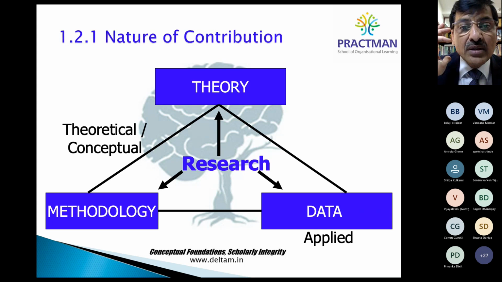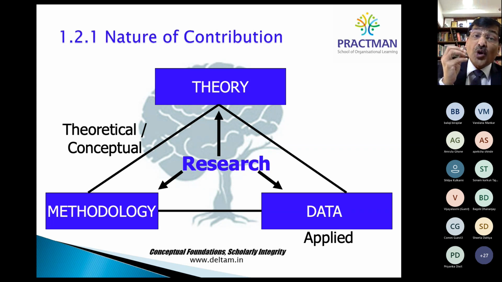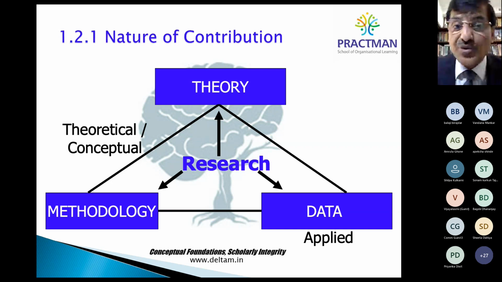Or the second way in which you can contribute to the body of knowledge is you may introduce new methodology. You may not introduce any new theory, but new methodologies of measuring something, new methodologies of conducting research. That also is a contribution.